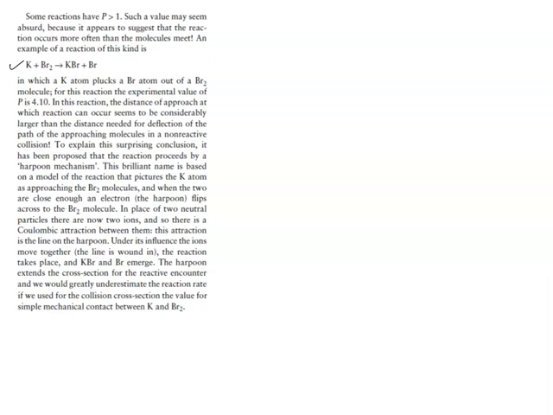Under its influence, the ions move together, the line is wound in, the reaction takes place, and potassium bromide and bromine emerge. The harpoon extends the cross-section for the reactive encounter, and we would greatly underestimate the reaction rate if we used for the collision cross-section the value for simple mechanical contact between potassium and bromine gas.